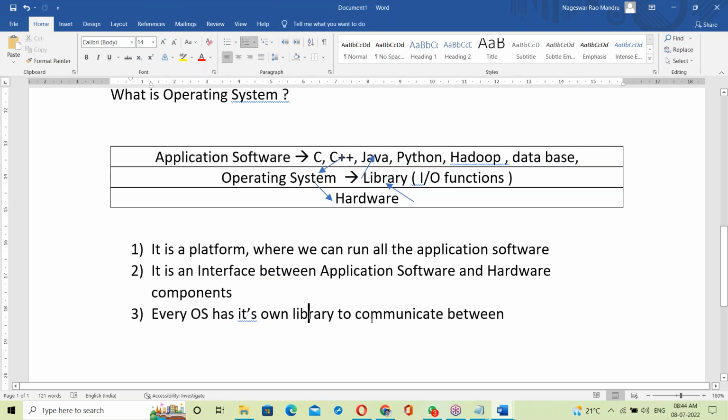Every OS has its own library to communicate between application software and hardware components.